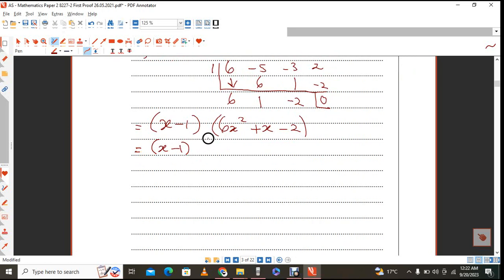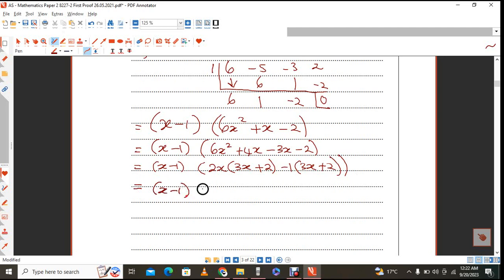Of course, this gives us 6x squared plus 4x minus 3x minus 2, and eventually it gives me 2x outside, so then I have 3x plus 2, minus 1, you have 3x plus 2. Okay, eventually my factors will be x minus 1, 2x minus 1, 3x plus 2.